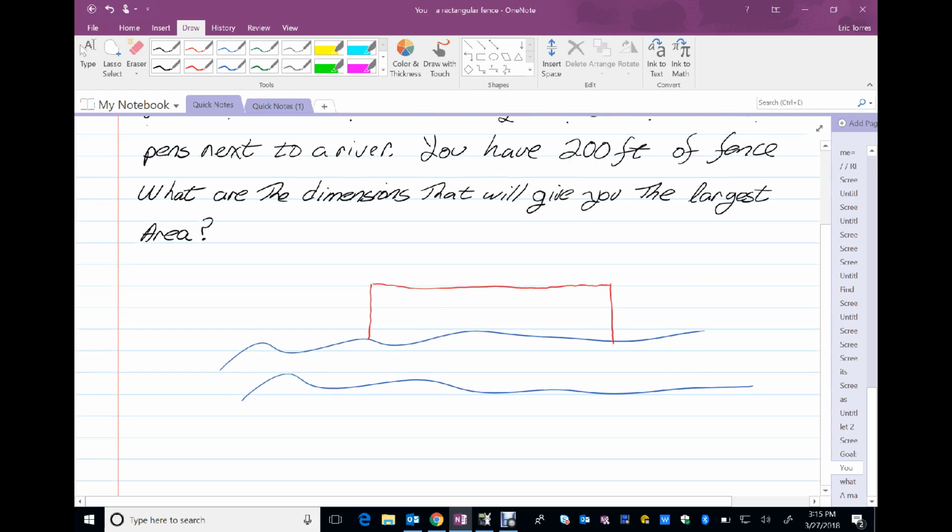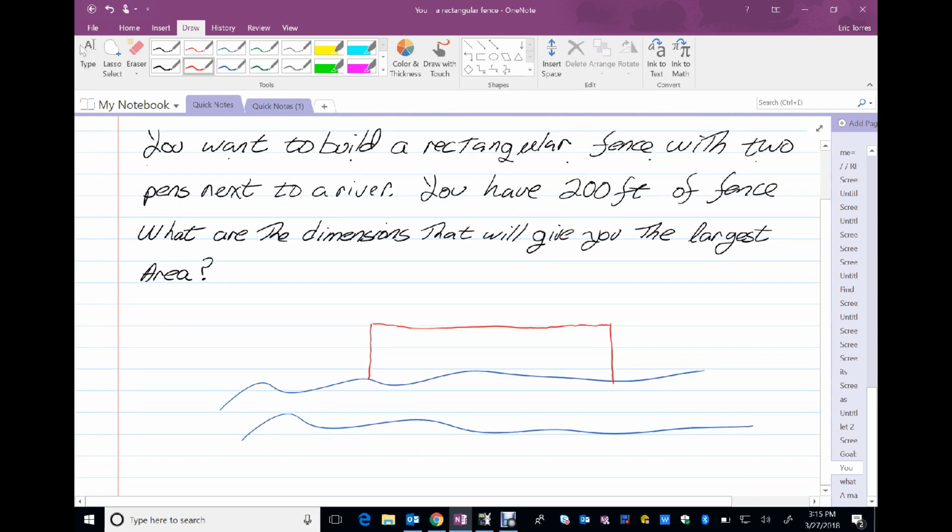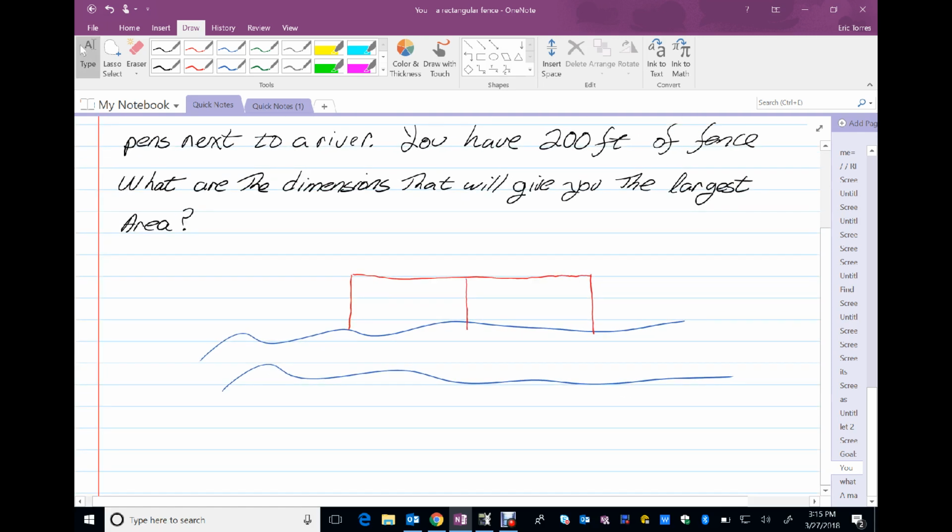And you want it to have 2 pens. So we're going to put a pen in the middle, and it doesn't matter where we put it. So, what are the dimensions? Well, let's let x be the length of our vertical sides and y be the length of the horizontal side.